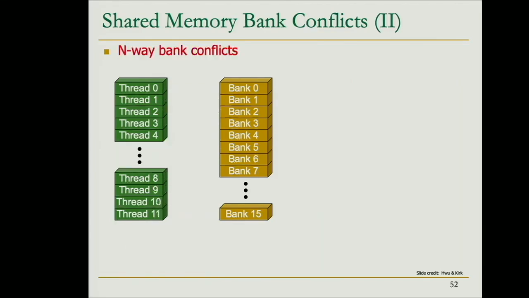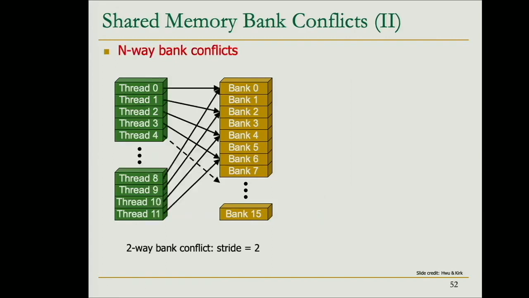This is an example of n-way bank conflicts. For example, two-way bank conflicts. When does it happen? When we have a stride 2, for example, we have thread 0 accessing A0, thread 1 accessing A2, thread 2 accessing A4, and so on. This is what is going to happen when we write in our code A[2 times thread ID].